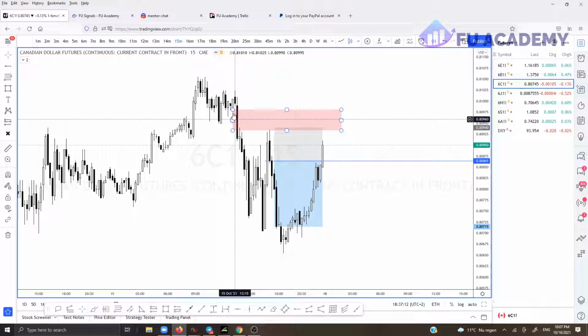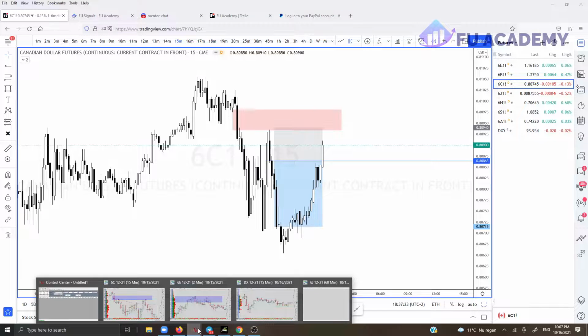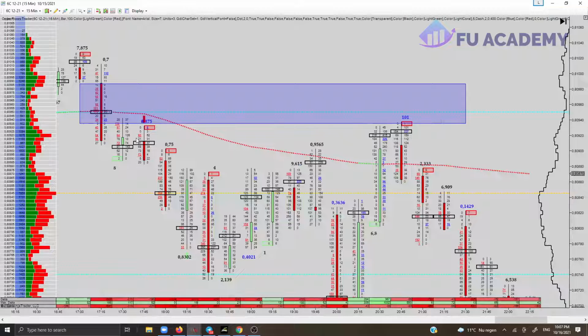If you get an imbalance like this, go to the order flow tool and check whether you really have stacked imbalances there. I see yes, there are stacked imbalances present.